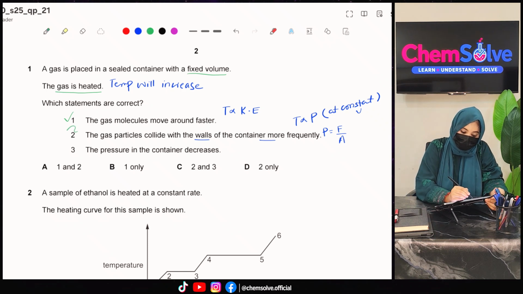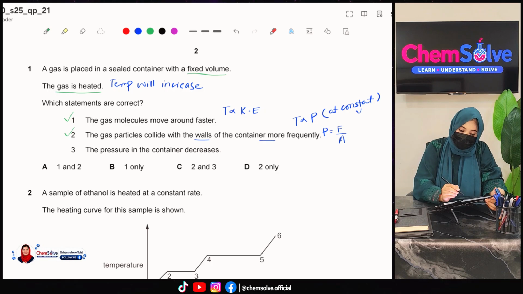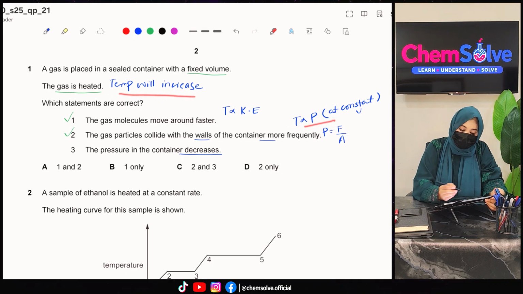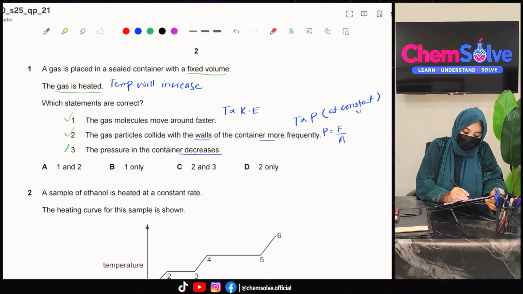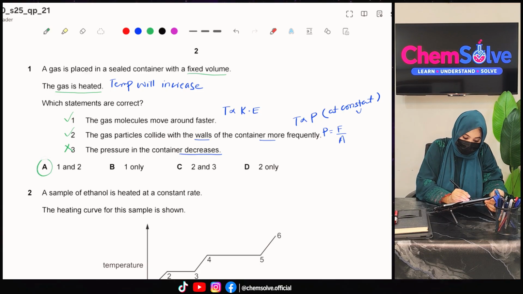So this statement is also correct. Now the next statement, the pressure in the container decreases. We just discussed that temperature is directly proportional to pressure. So if temperature increases, pressure would also increase. How come the pressure would decrease? Obviously it will not. So this statement is incorrect. That's how our correct statement is option A.